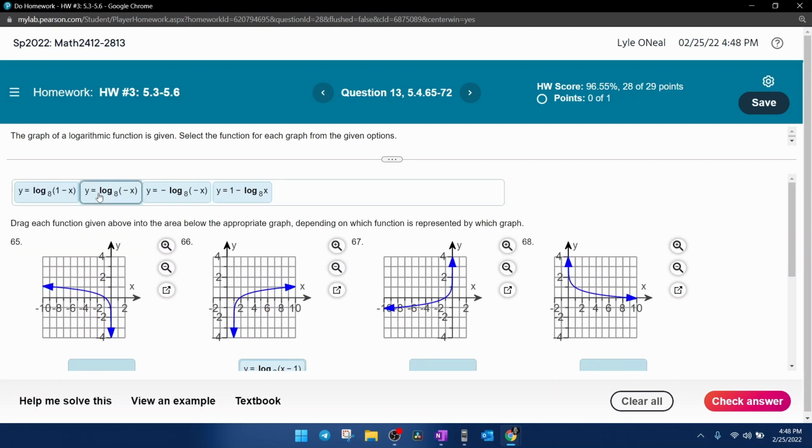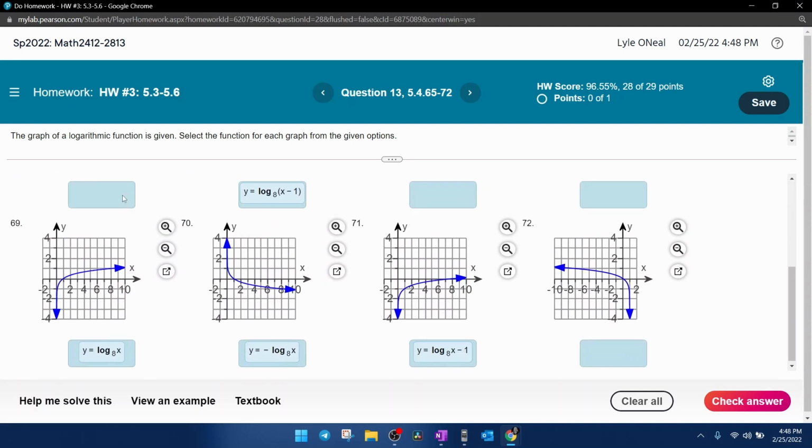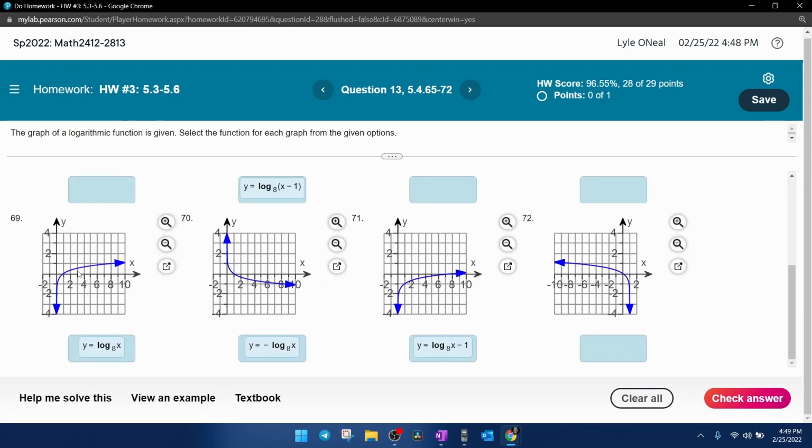Next, let's do y equals log base 8 of negative x. According to our transformations, if there's a negative directly attached to the x, that is a horizontal flip. So here we want to go back to our basic graph and consider a horizontal flip, which would be across the y-axis.